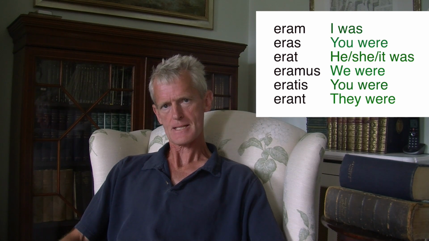Now, again, it's sort of rhyming, for those who like these sort of things, with bam, bas, bat, bamus, batis, bant, and it means I was, you were, he, she, or it was, we were, you were, they were. Okay? So those are the first three tenses of this irregular verb to be, and obviously I'm going to want you to learn those off by heart.